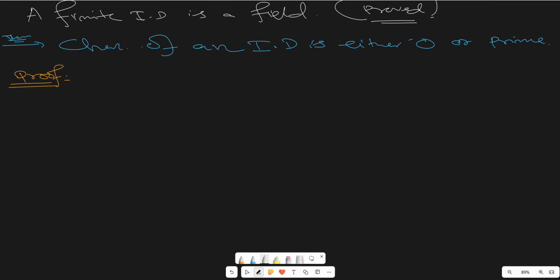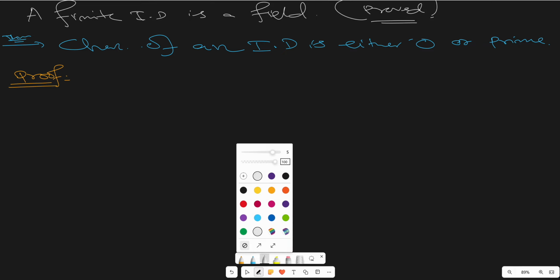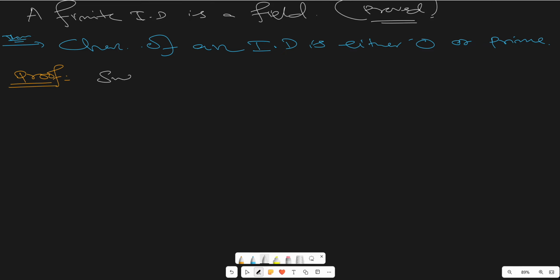How will you prove it? Suppose R is an integral domain.